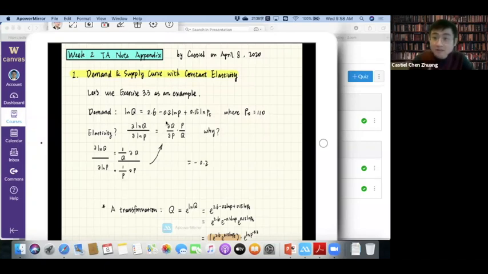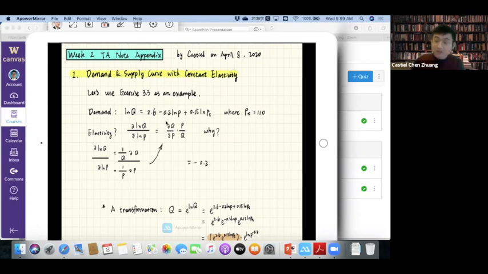It does not change with the value of Q or P. So we call it a demand function with constant elasticity. And because the absolute value of this elasticity is smaller than 1, we call this inelastic demand. If the absolute value is above 1, then we call it elastic demand. And if it is 1, then it's unitary elastic.